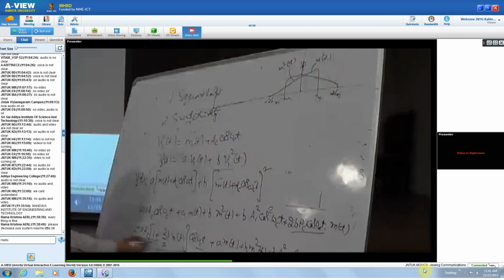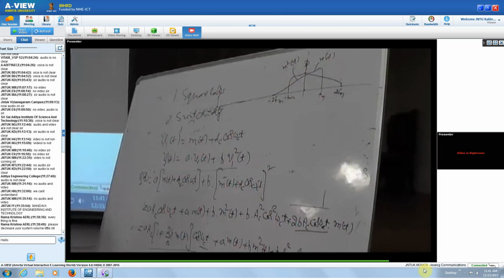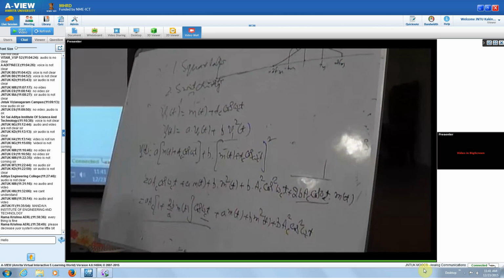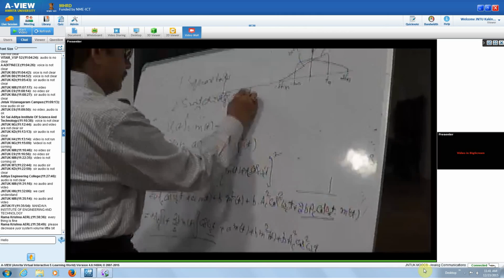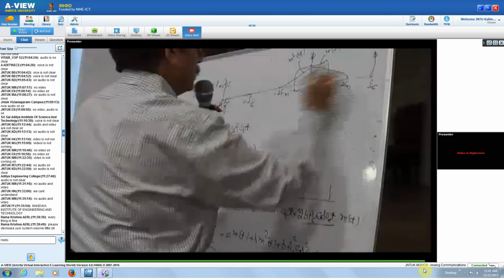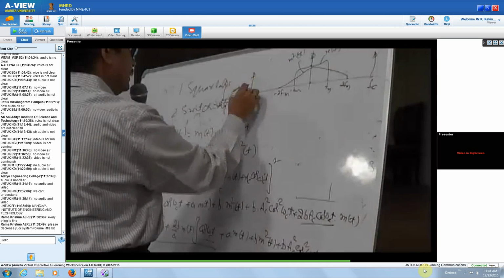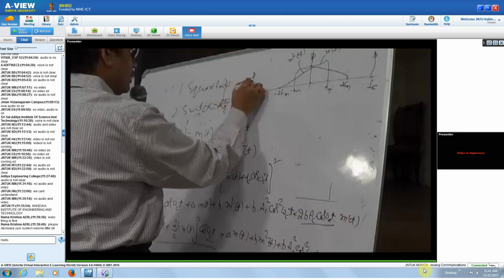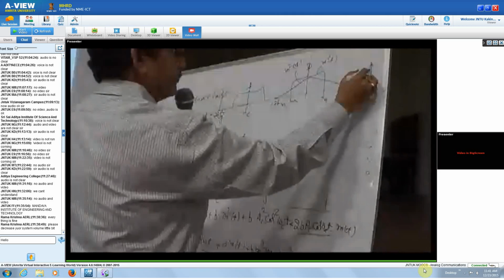And this signal is our required modulated signal centered around fc, with the carrier at fc and minus fc.